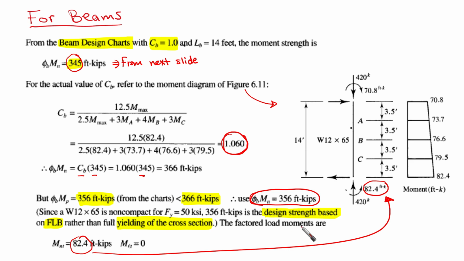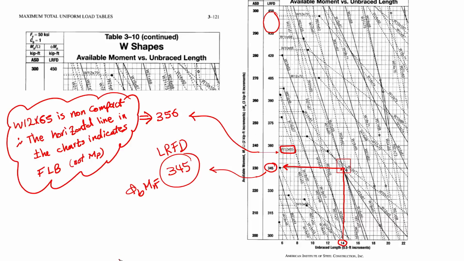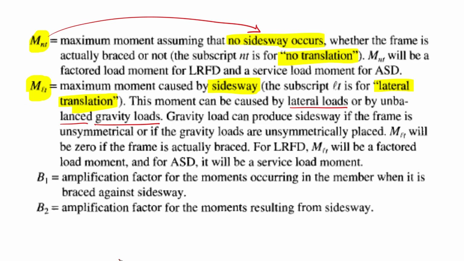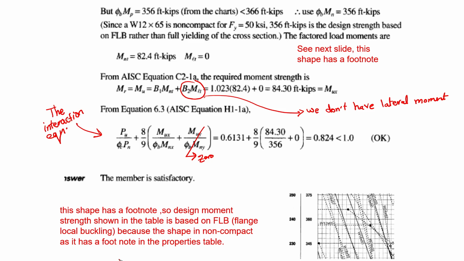The factored load moments are going to be MNT, it is 82.4 foot kips, and MLT, the lateral translational moment, there is nothing. It is 0, right? This brings us to the equation for augmentation.